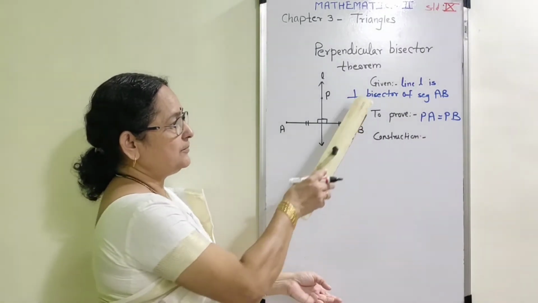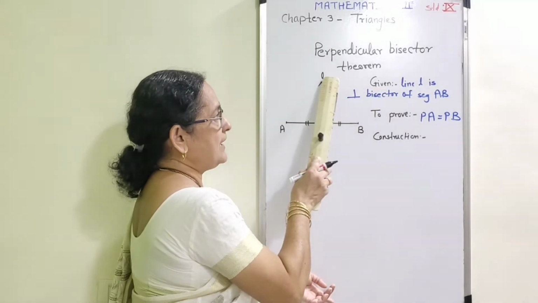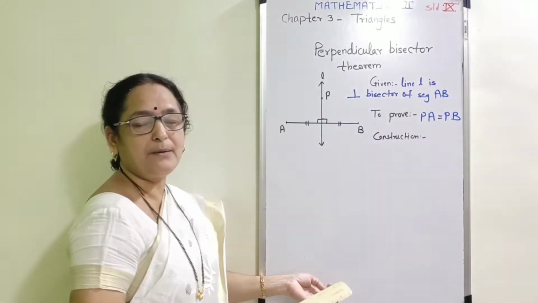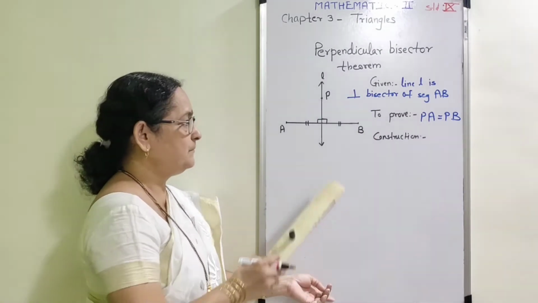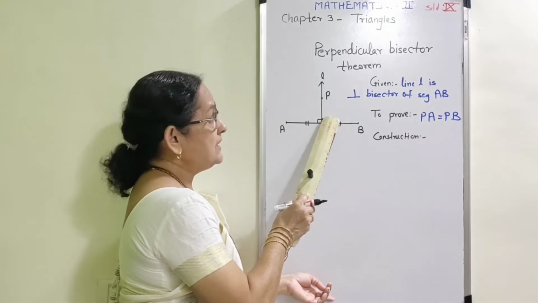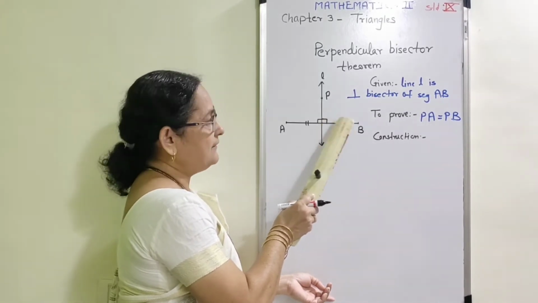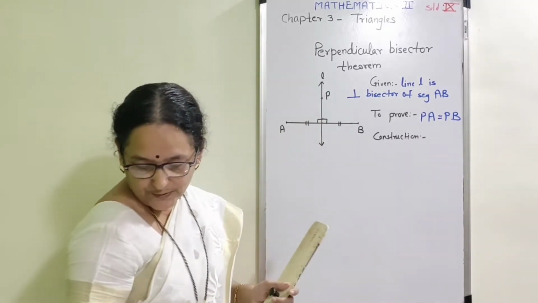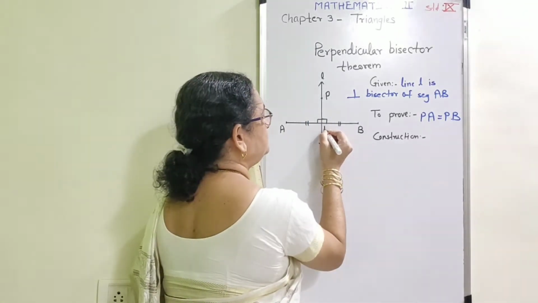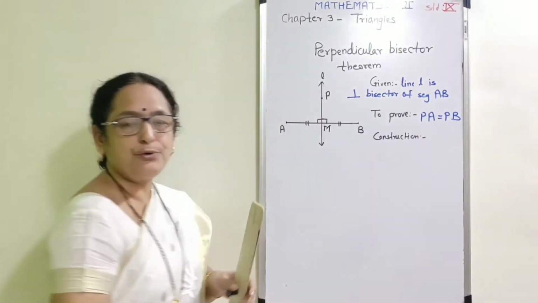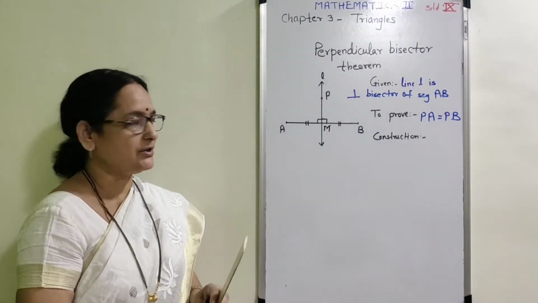Now let us learn the proof. In the given, they have given that line L is the perpendicular bisector of segment AB. That's why the angle here is 90 degrees, the sign of perpendicular is given, as well as it is a bisector, and therefore suppose this midpoint is M. Therefore AM and BM, the two segments, are congruent to each other.